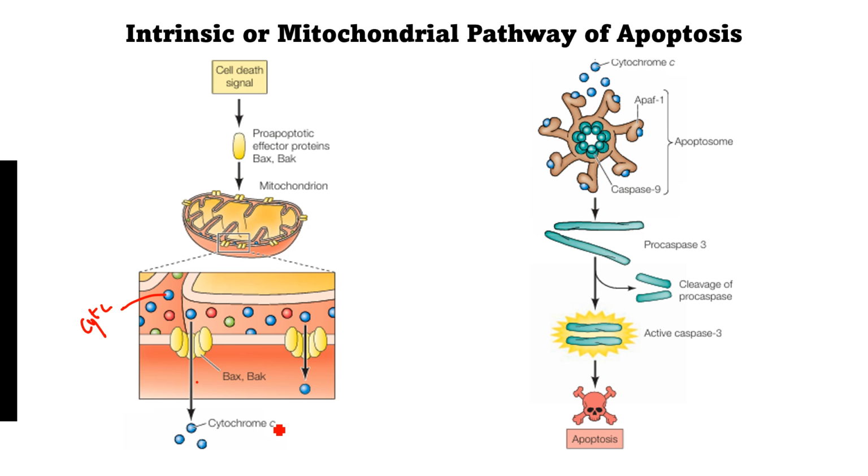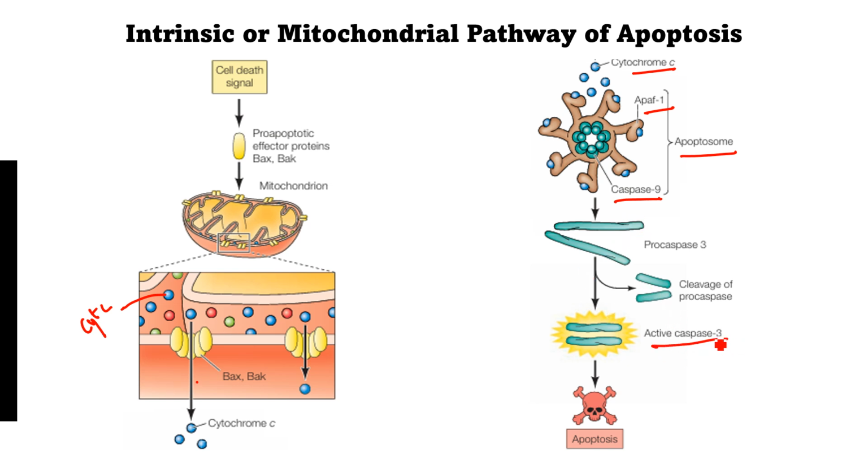Now, once this cytochrome C is released into the cytosol, it forms a complex with APAF1. This is another protein, and together cytochrome C, APAF1, and caspase 9 form a complex called the apoptosome. Now, what will this apoptosome do? It will activate the procaspase, and procaspase 3 will be converted into caspase 3.